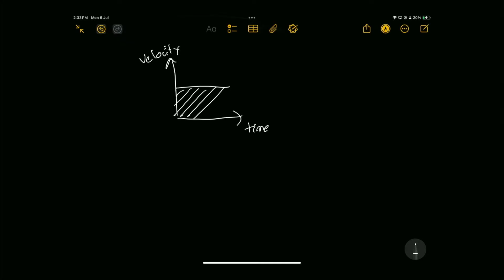So this is how far this object moved. This is a rectangle, so you could just multiply the length by the width, and we could determine the area under this graph, and then we would know how far the object moved. So this graph basically represents a constant velocity graph, an object moving with constant velocity.